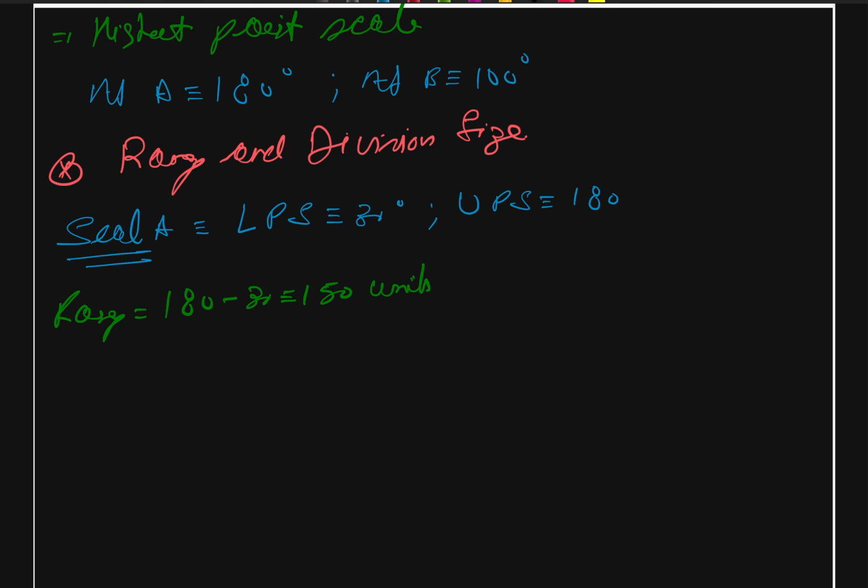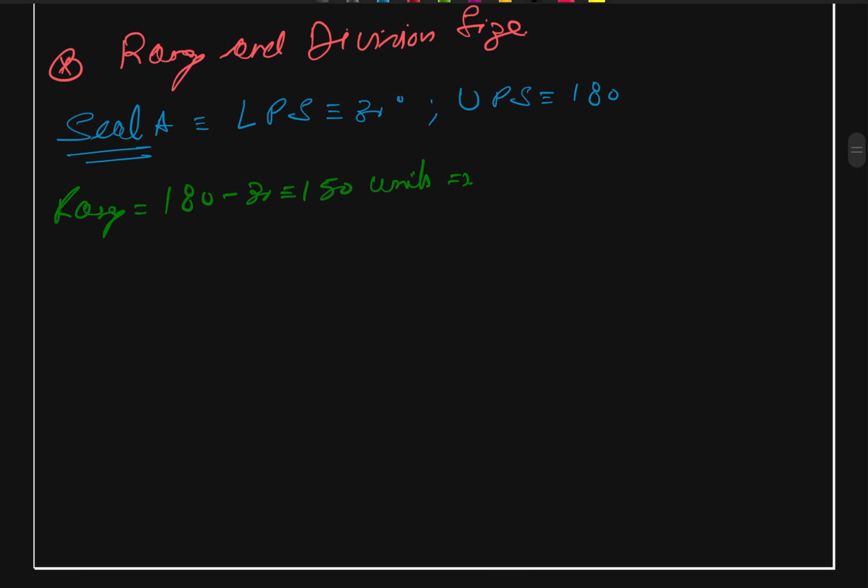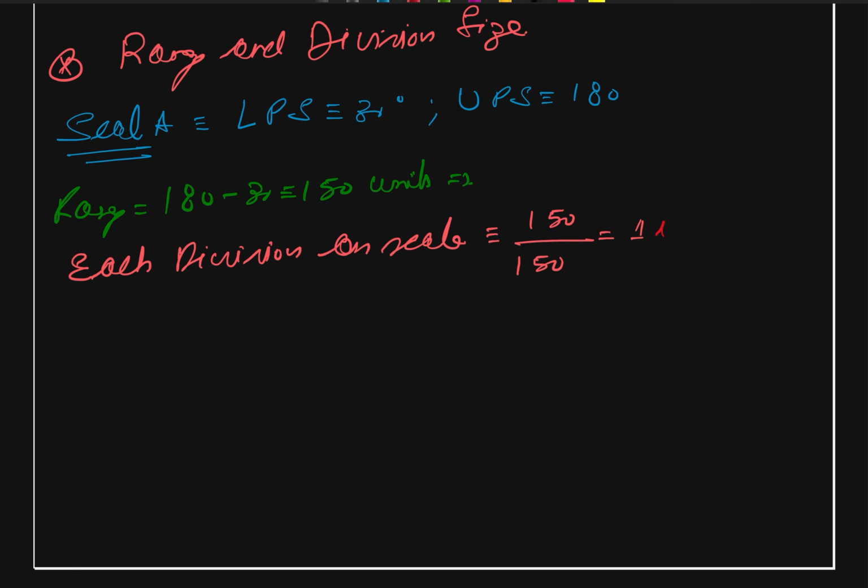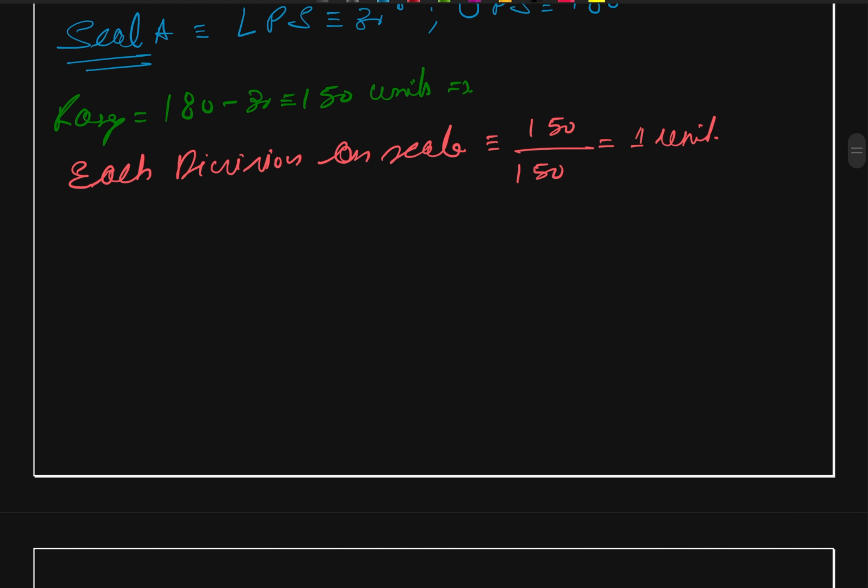Okay, and from here we can find each division on the scale. Each division on the scale will be equal to this range, which is 150, upon the total, which is given as 150, so this comes as 1 unit. Similarly, we can find it for B also.